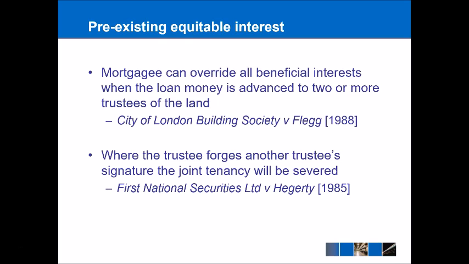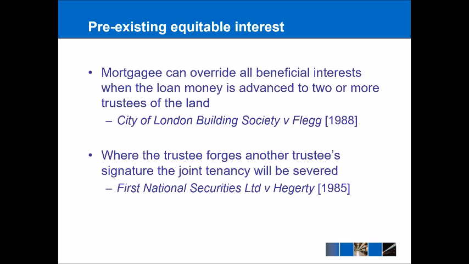The cases of fraud are relatively rare nowadays, but it may be that if you're answering a problem type scenario, the tutor has thrown one in to try and sort of catch you out. This is where we have one trustee of land who forges the signature of another trustee of land, and the most likely thing that would happen in that scenario is that the joint tenancy over the property would be severed.